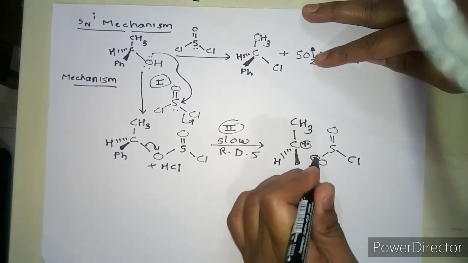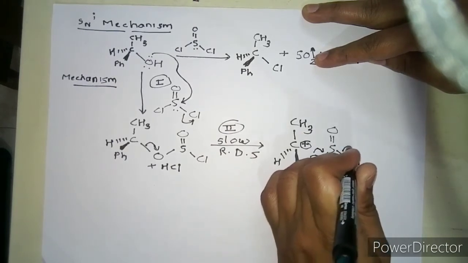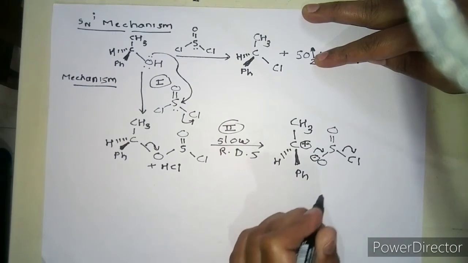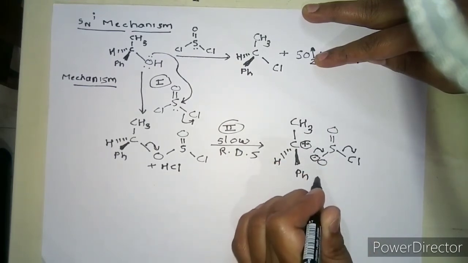Now, in the next step, these two electrons go here, this Cl minus goes here, but still this Cl minus remains close to this carbocation.